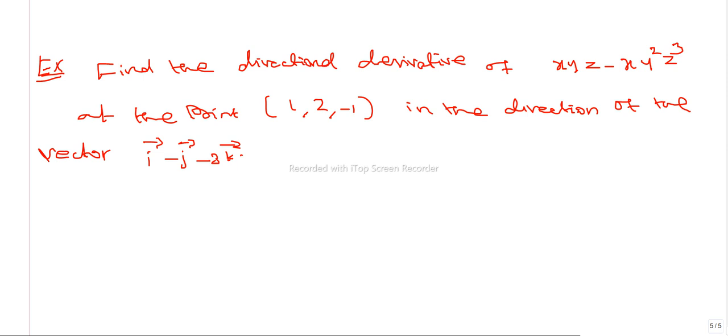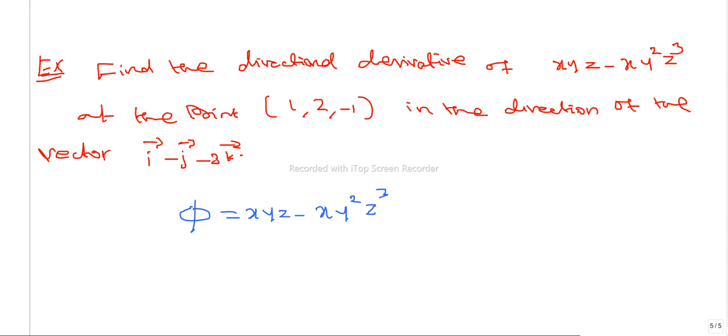Now here pi of x, y, z is that. So solution: the pi function is xyz minus xy²z³.